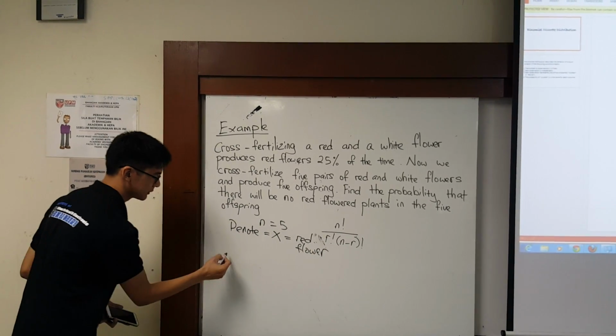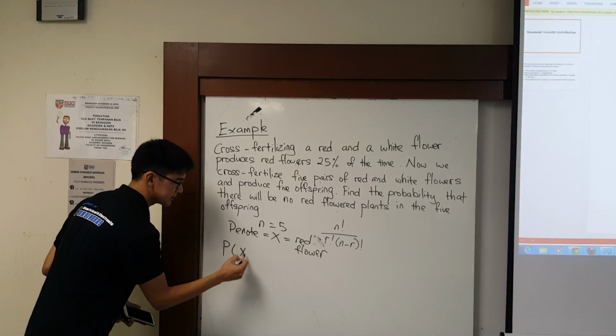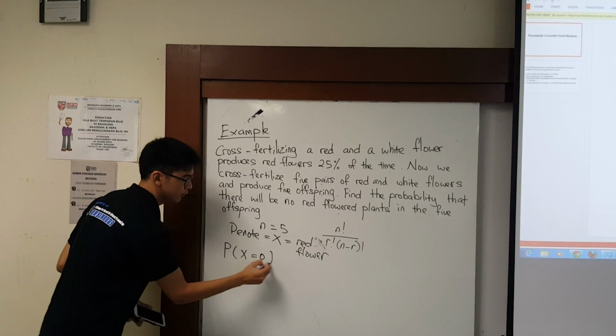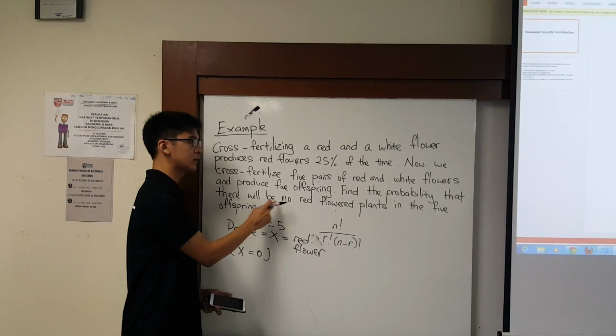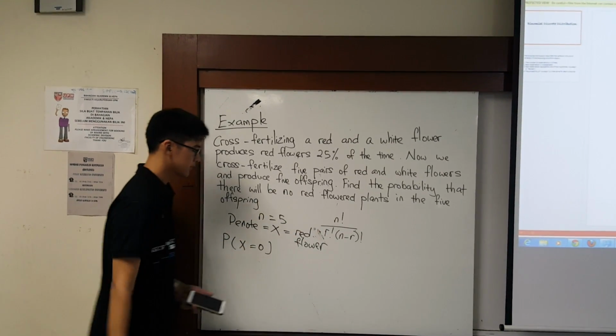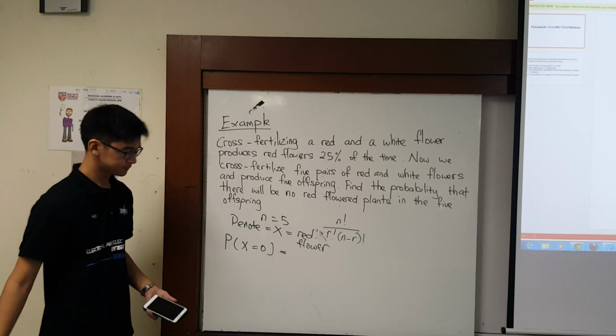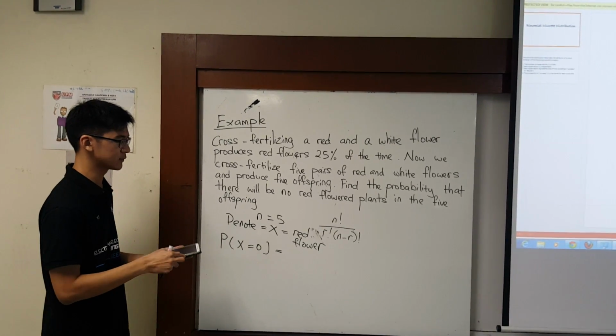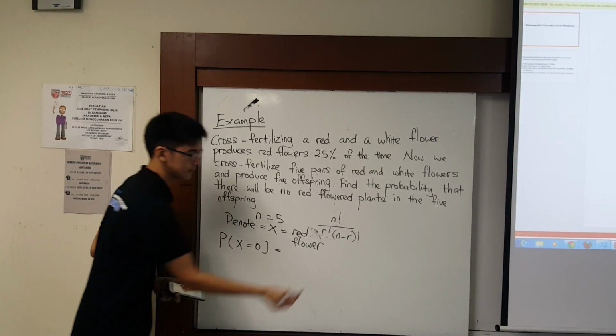Here we have to find the probability where x is equal to 0, because we want the probability that there is no red flower. For this question, we apply the equation using this one.